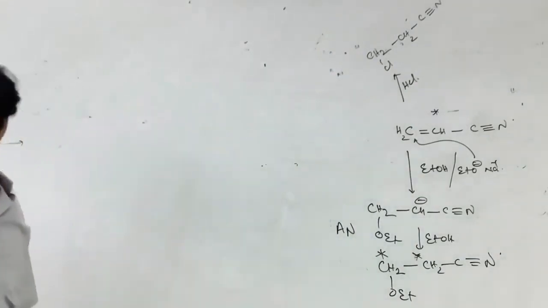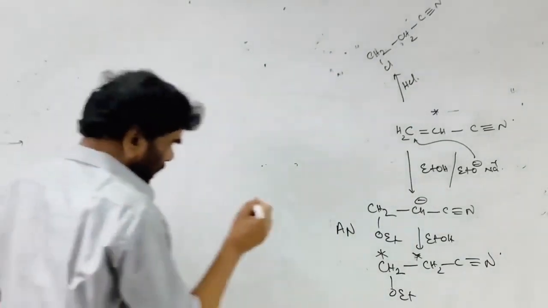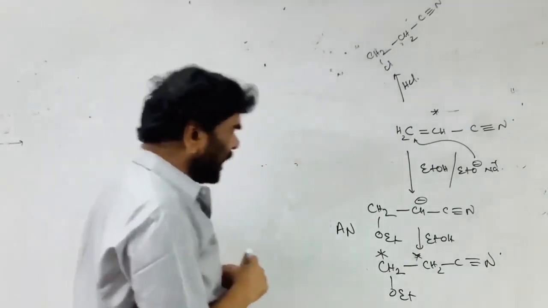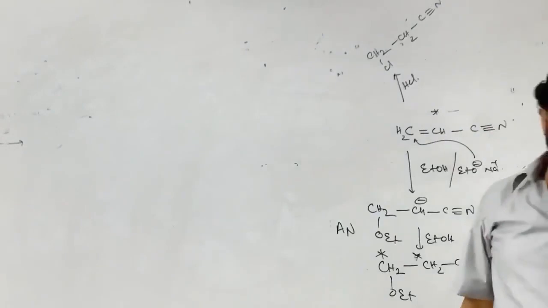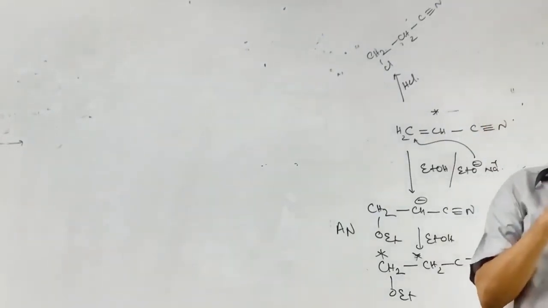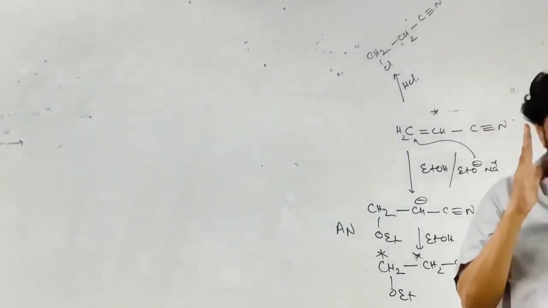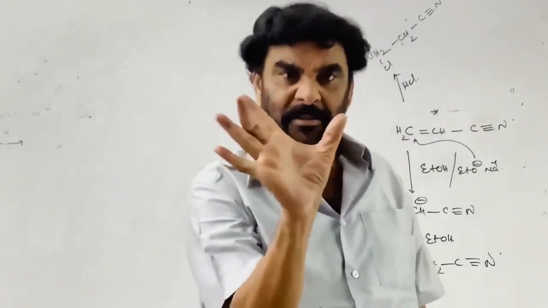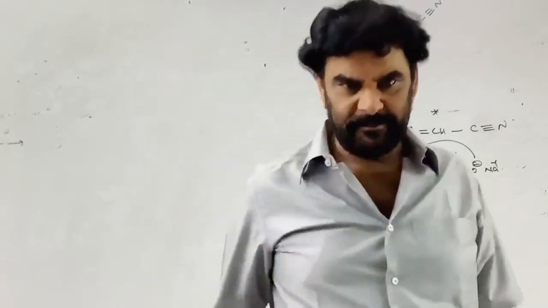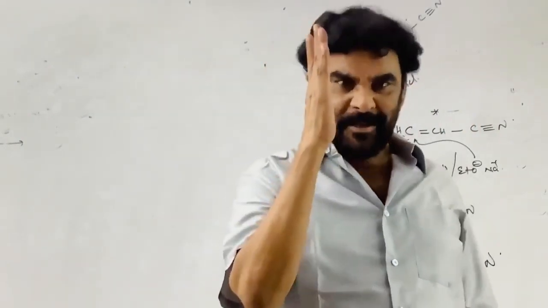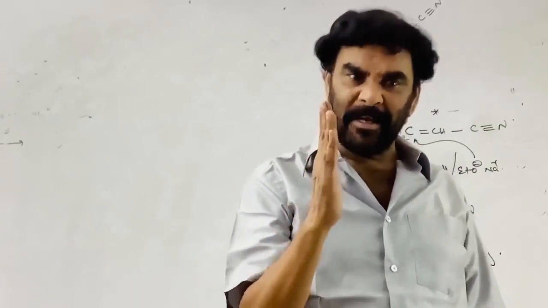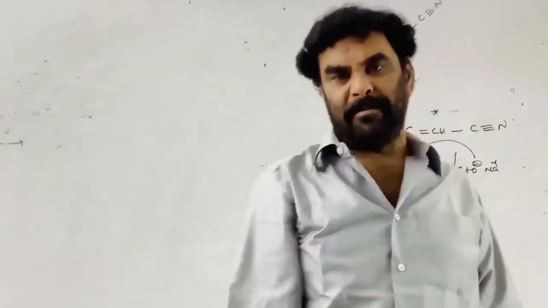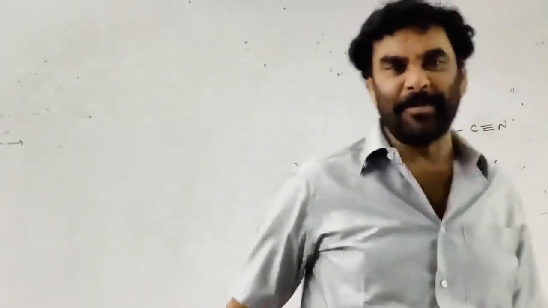And now here we introduce a name reaction known as the Michael addition. See, Michael addition is nothing but an addition reaction on the carbon-carbon double bond. But the nucleophile should be a carbanion.